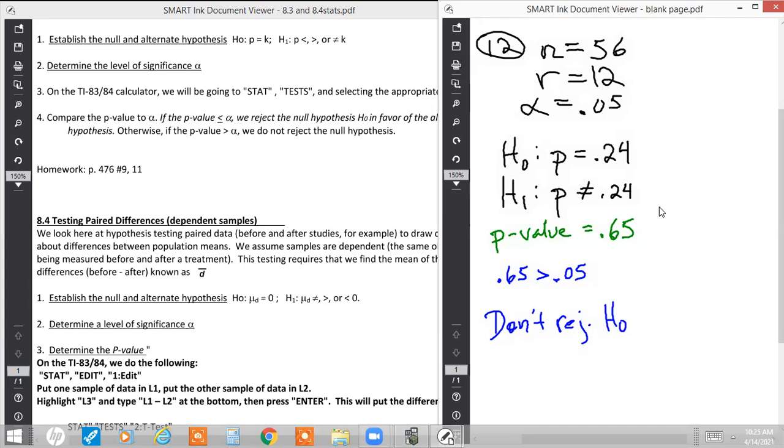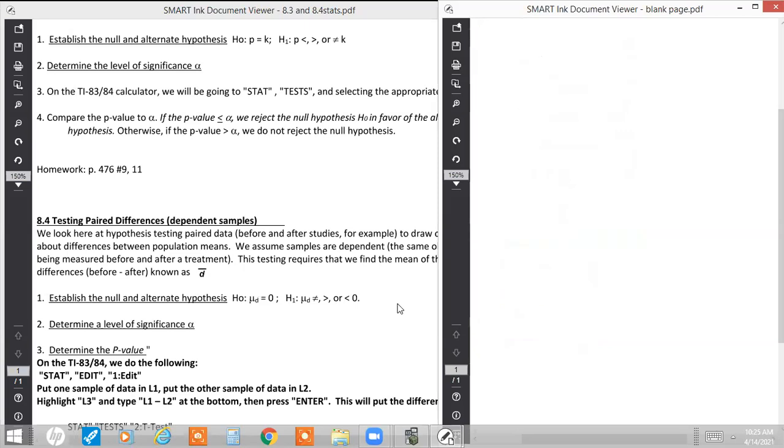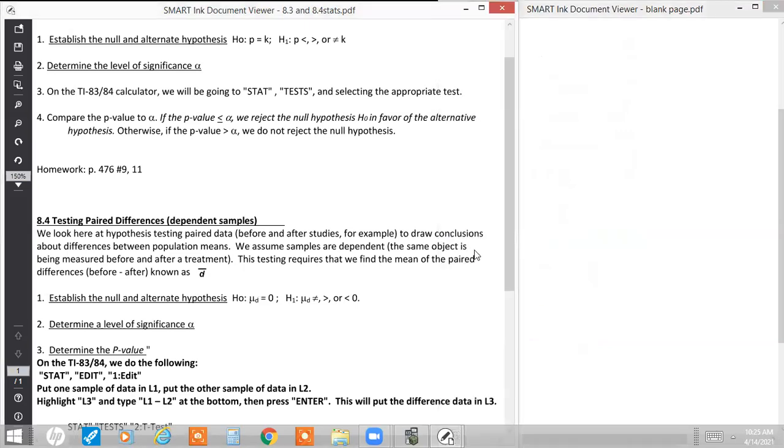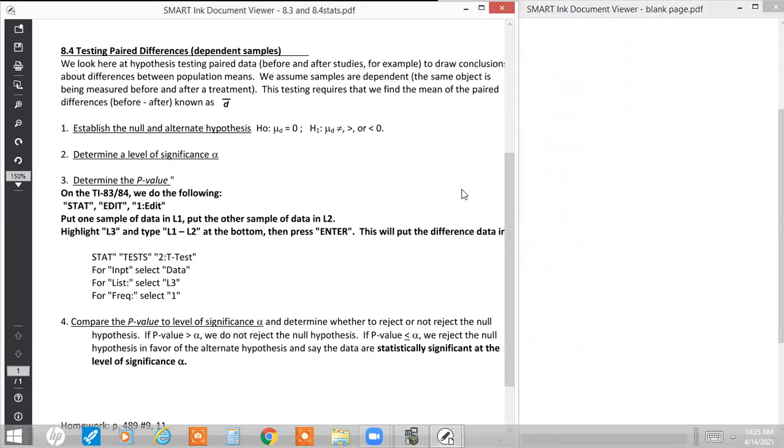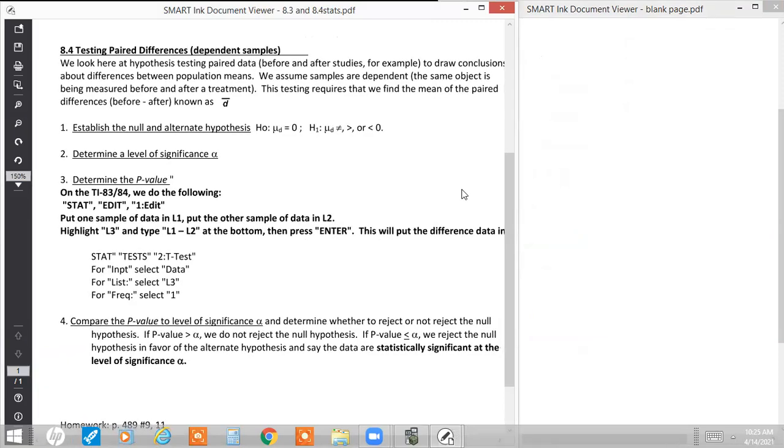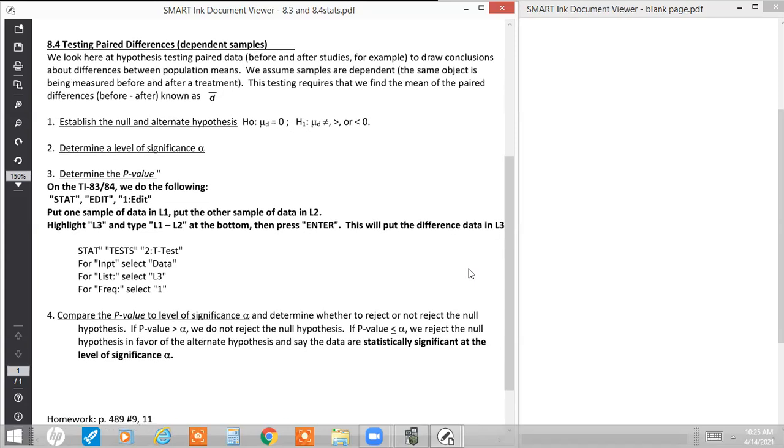All right. Here we go. Testing paired differences.